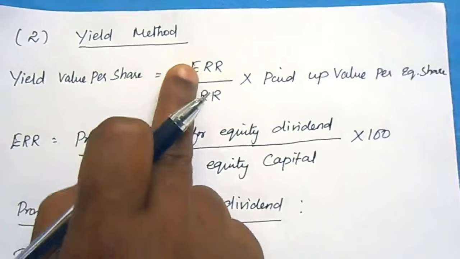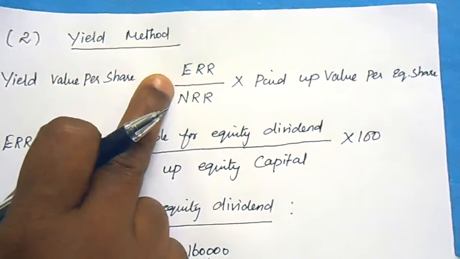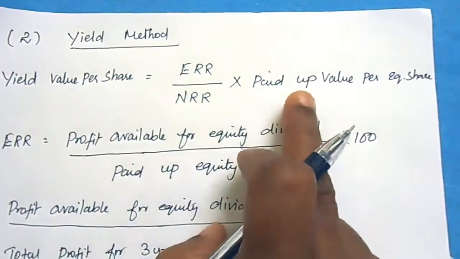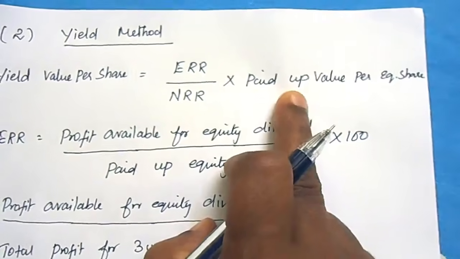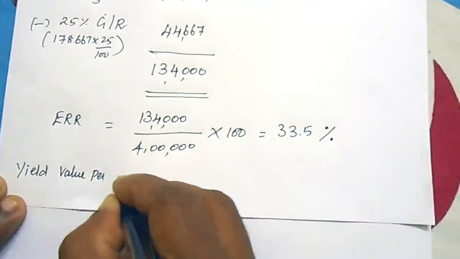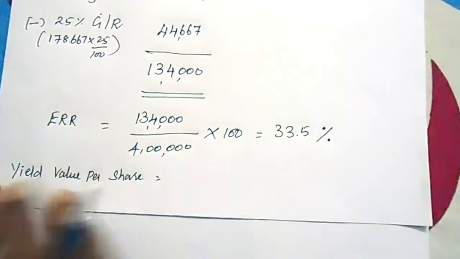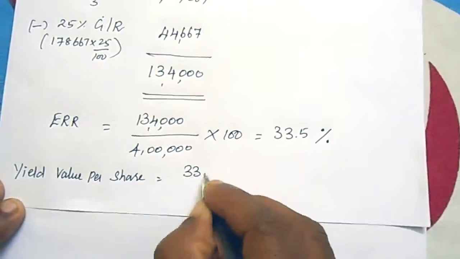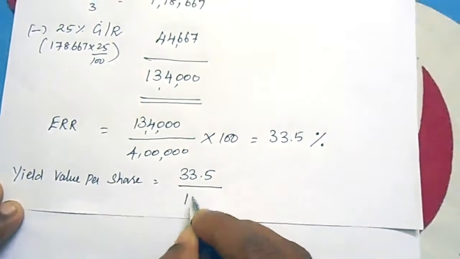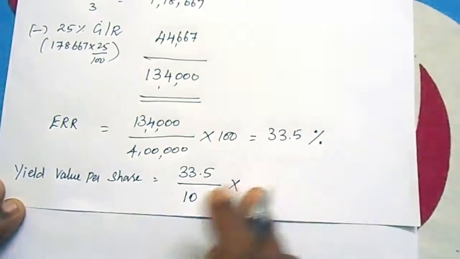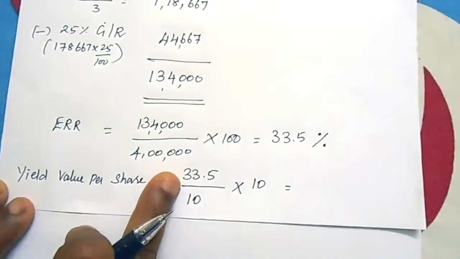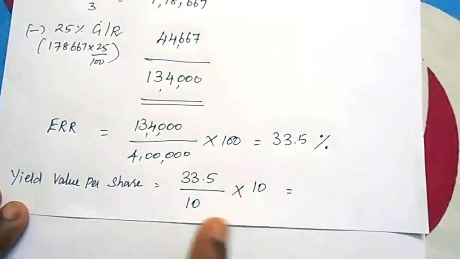Look at the formula. Yield value per share is equal to ERR divided by NRR into paid up value per share. What is ERR? 33.5%. NRR is 10%, which is given in the problem. Paid up value per share is 10 rupees. Now just apply this formula. Yield value per share is equal to 33.5 divided by 10 into 10.